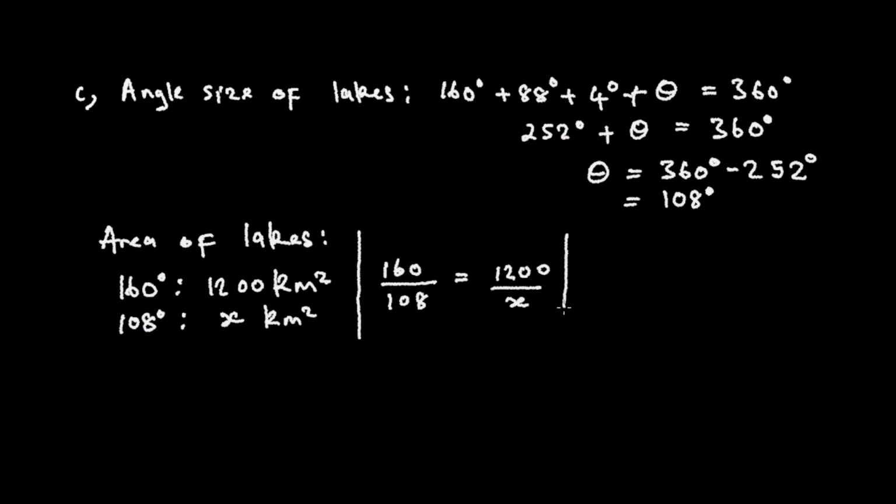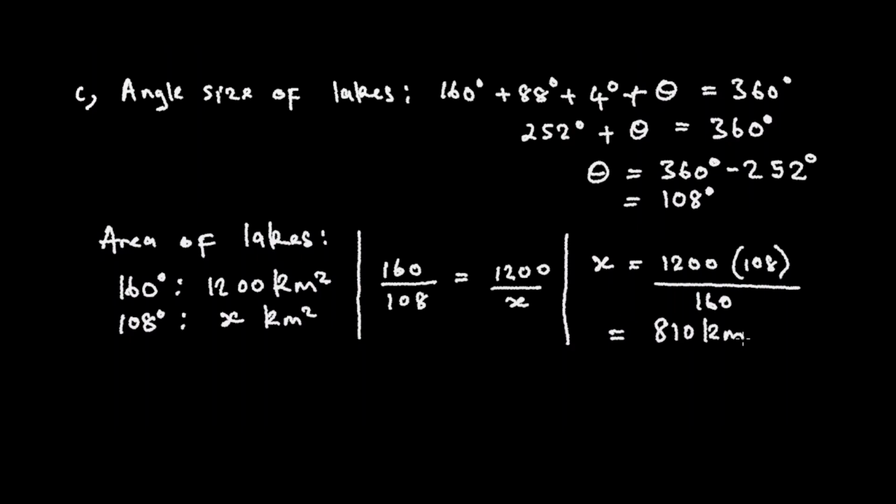We do our cross multiplication, our algebraic manipulation. X inova equal to 1200 multiplied by 108 over 160. Okay, saka panapa tiri kuti 1200 multiplying 108 dividing 160 tiri kuwana 810 square kilometers.